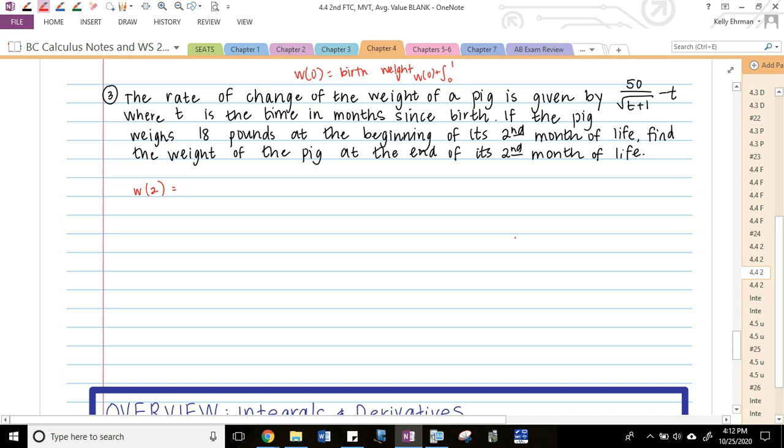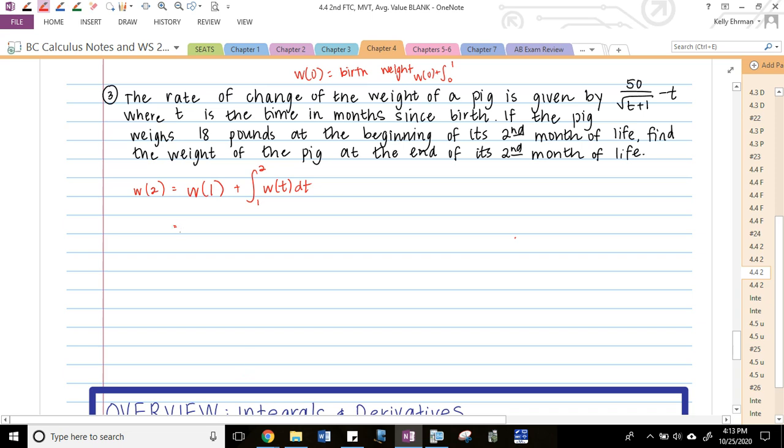That's going to equal, we don't have birth weight, but we have how much it weighs at the beginning of that second month. The weight at the beginning of the second month is the same as the weight at the end of the first month, plus the change in weight from 1 to 2 of W of T dt again.